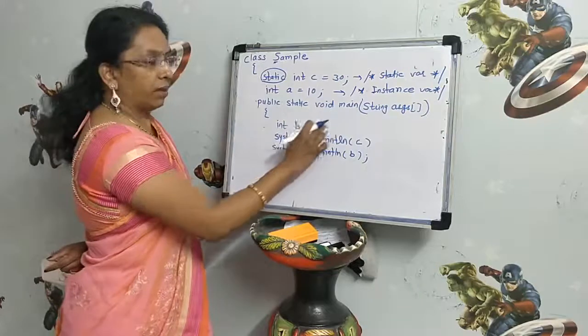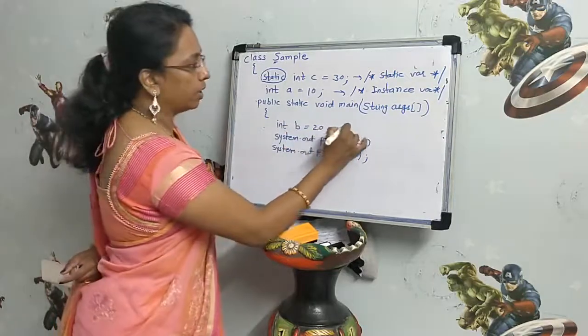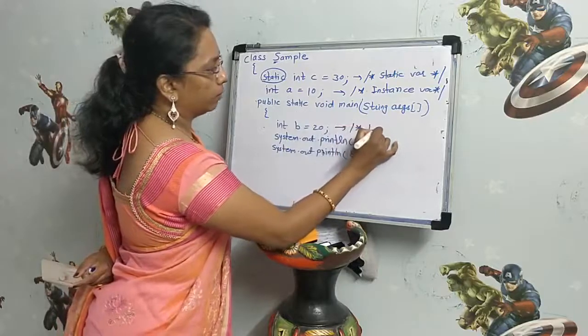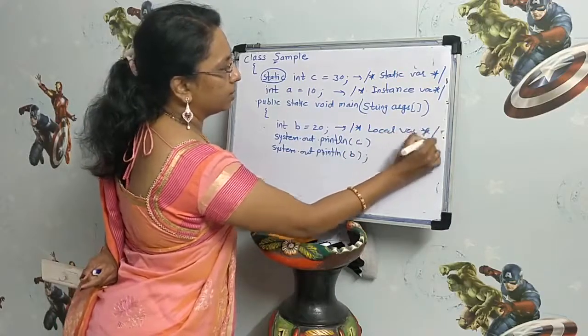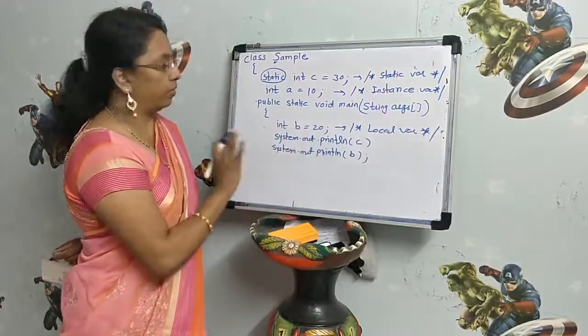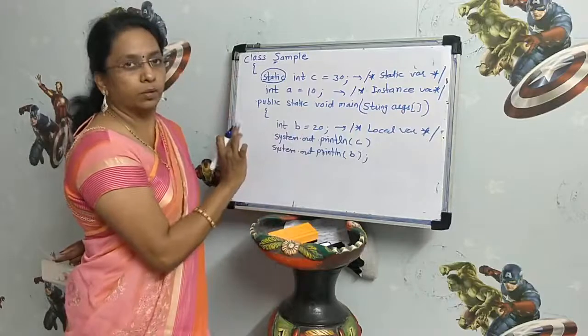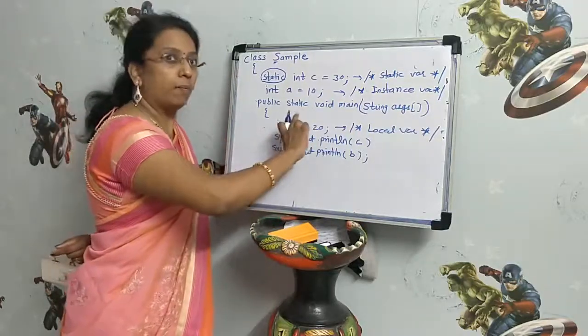A variable which is defined within the method is called a local variable. We can access this variable within this block only. Outside this block we cannot access it. The scope of this variable is within the method.